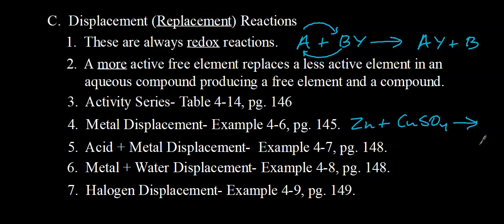Turn to page 148. Another example of a single replacement reaction is a reaction between an acid and a metal. So the example here in 4.7 asks about aluminum, copper, and silver reacting with hydrochloric acid. So again, we can go to the activity series and find which of those metals is above hydrogen in the list or which is below.